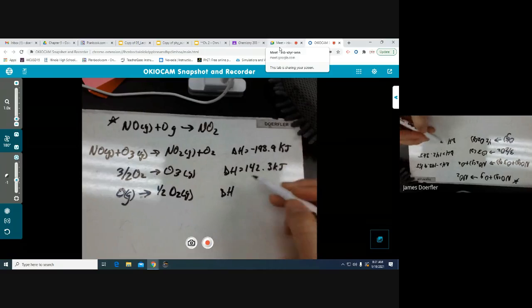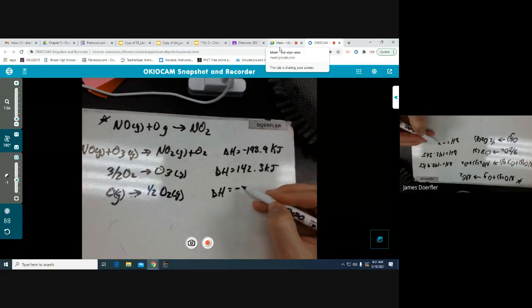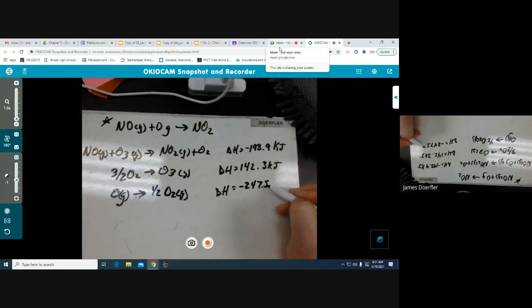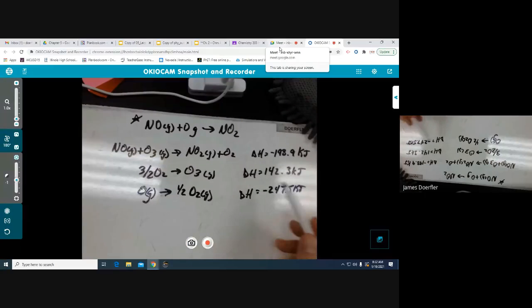And again, we divided the equation by 2, so we have to divide the delta H by 2. Now we also have to change the sign. It was a positive. Now it's a negative 247.5 kilojoules. Okay, so we have O gas yields 1/2 O2 gas, and divide the enthalpy value by 2 and change the sign.